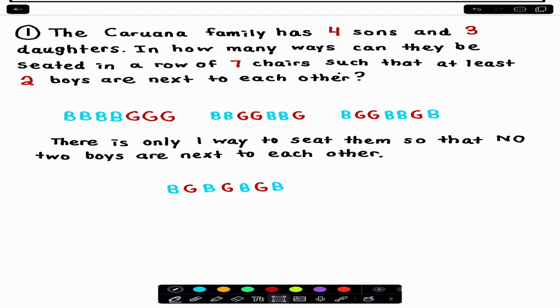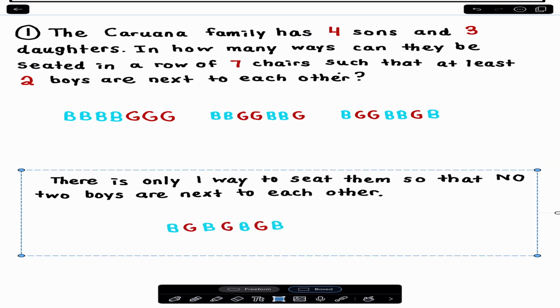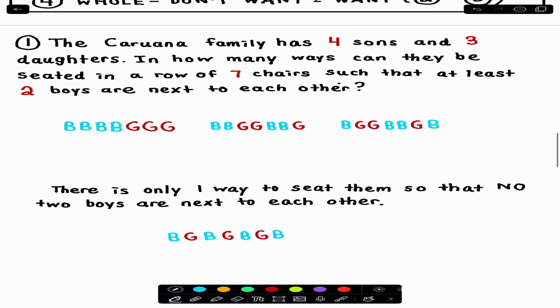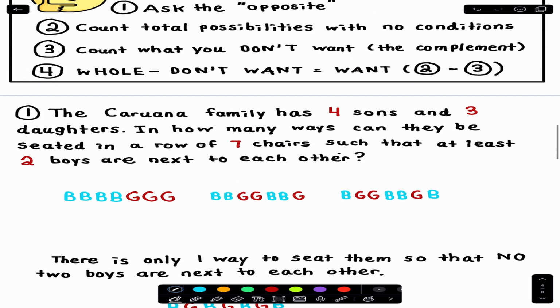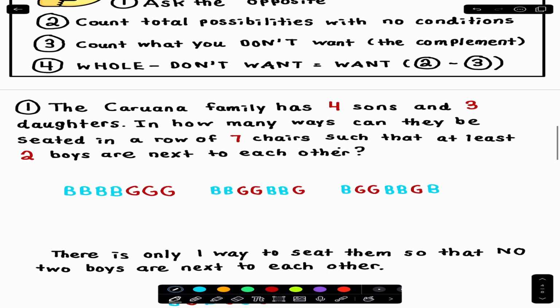Now before I do that, I am actually already breaking my own rule, which is kind of funny and sad. So anyways, the first question that we should tackle is how many possibilities are there with no conditions.